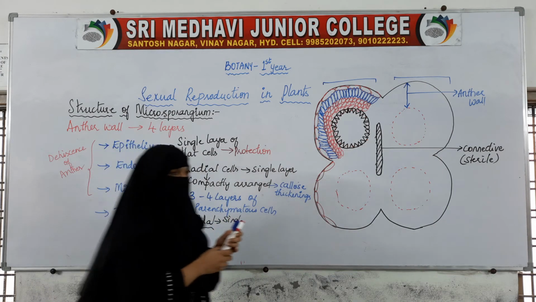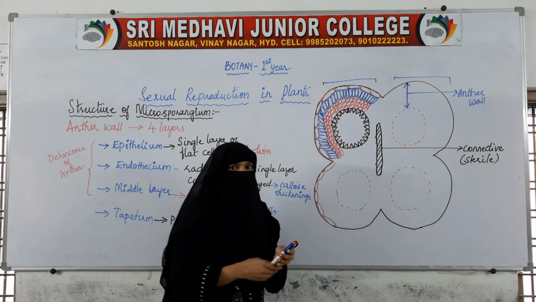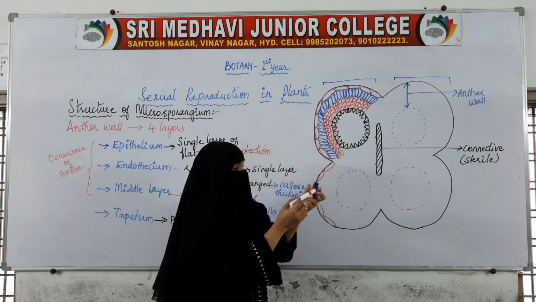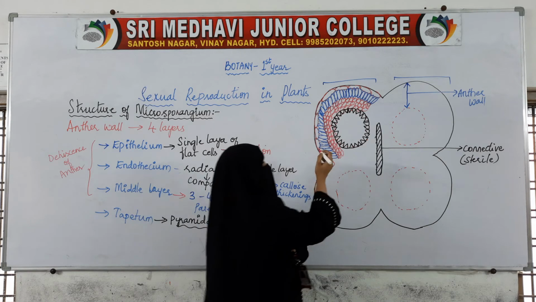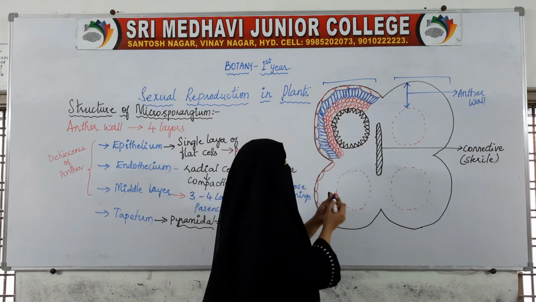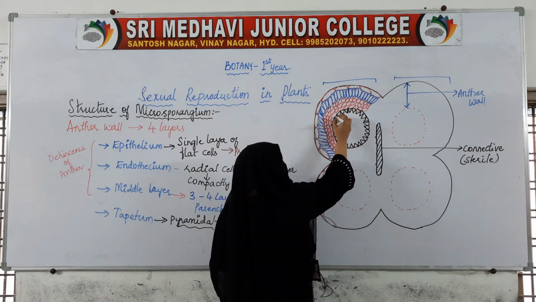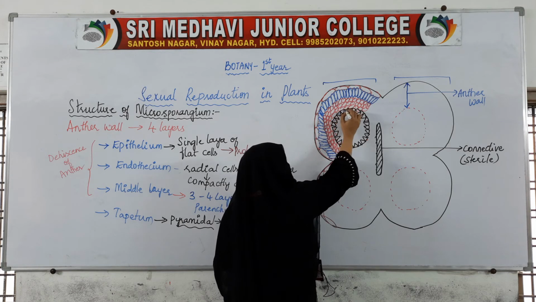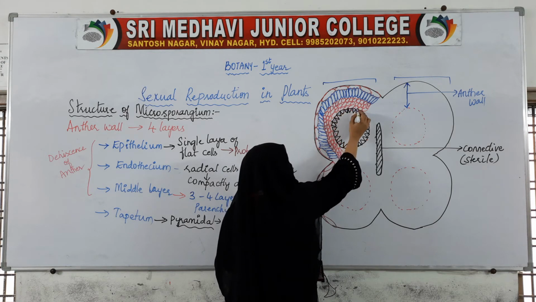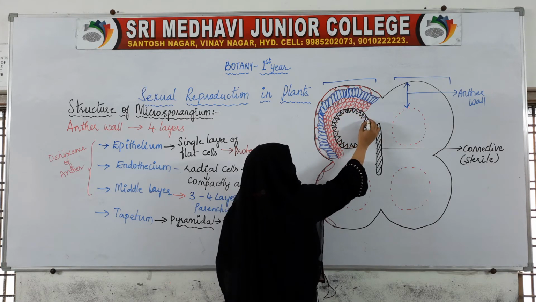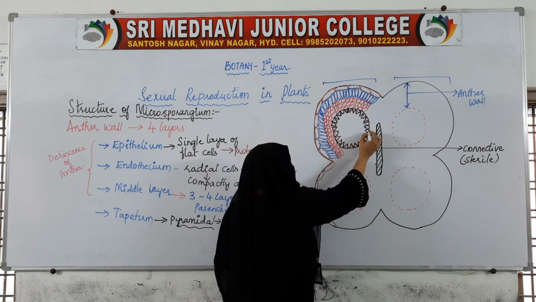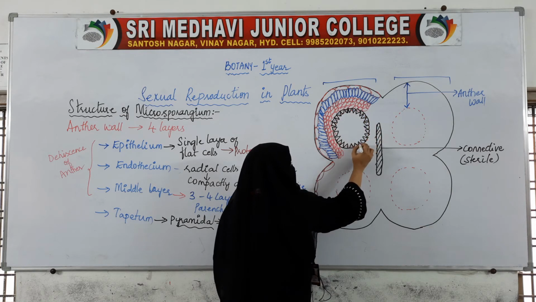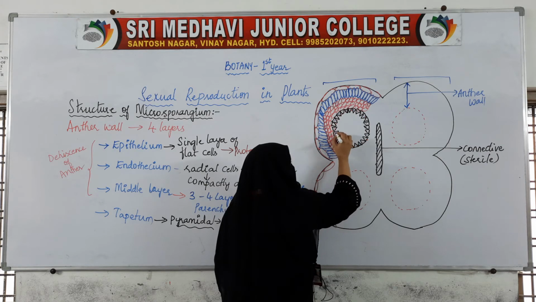Now, the cells in this tapetum are multinucleated. Usually a cell consists of one nucleus, but in these tapetal cells we find more than one nucleus.